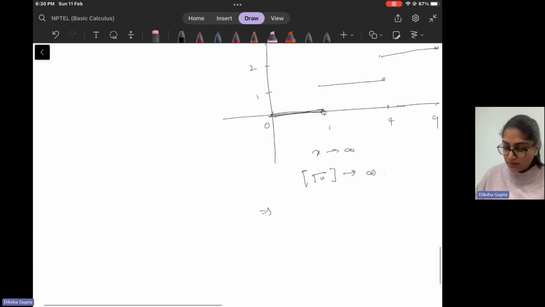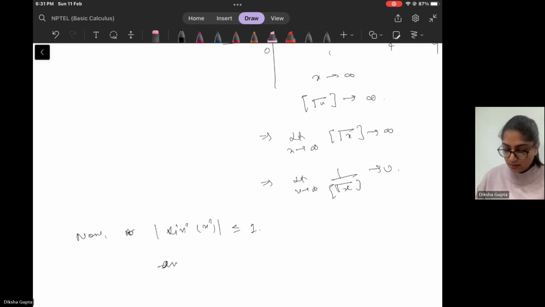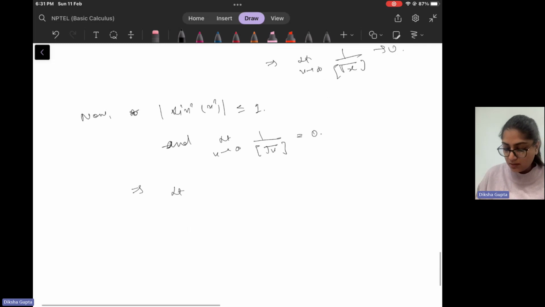So limit x tending to infinity of the greatest integer function goes to infinity, which implies limit x tending to infinity 1 by the greatest integer function will go to 0. Now again, as in the above question, sine square x square will always be bounded by 1. So the overall limit will be 0.